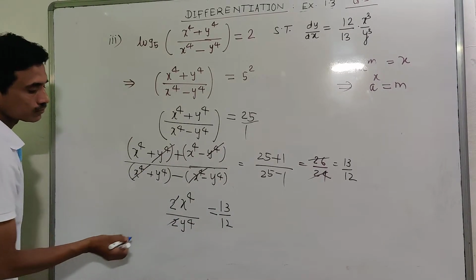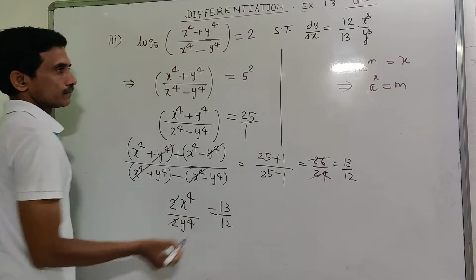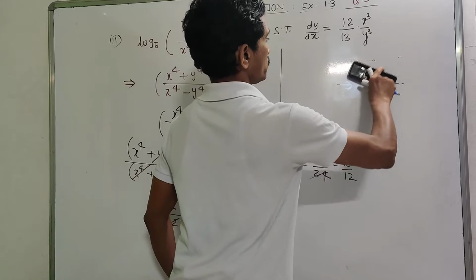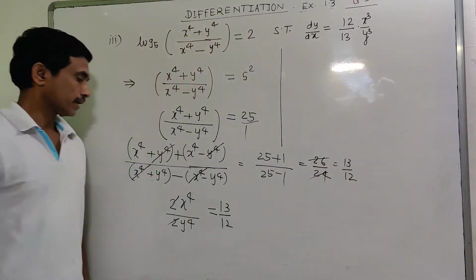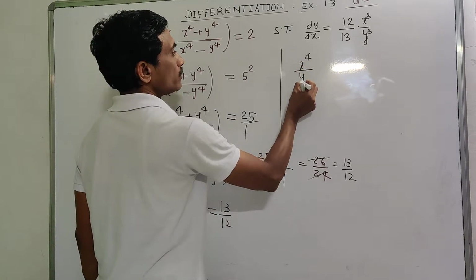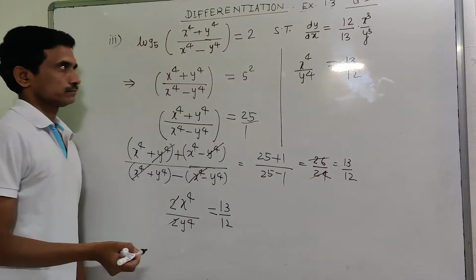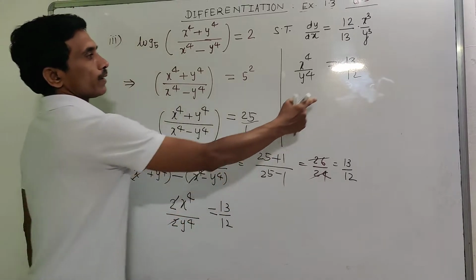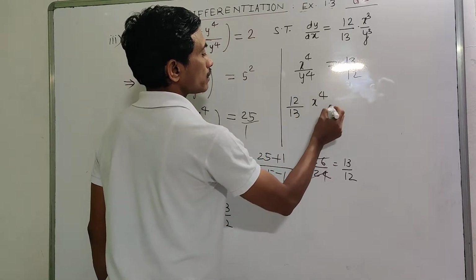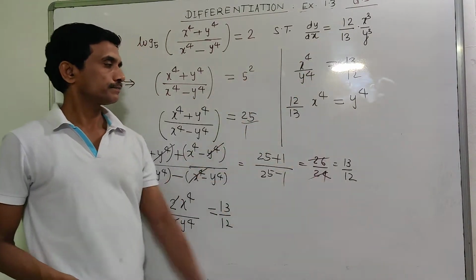Again this we can reduce, 2 we cancel, and finally we are getting x to the power 4 upon y to the power 4 is equal to 13 upon 12. Now this 12 upon 13 we will write here, 12 upon 13 x to the power 4 is equal to y to the power 4, which is required.